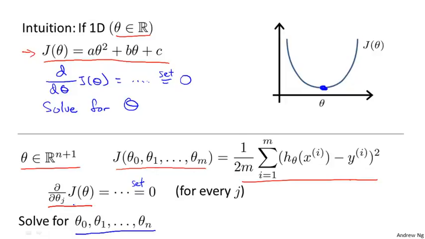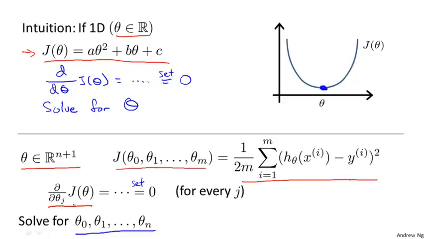Well, if you actually work through the calculus and work through the solution to the parameters theta 0 through theta n, the derivation ends up being somewhat involved. And what I'm going to do in this video is to not go through the derivation, which is kind of long and kind of involved. But what I want to do is just tell you what you need to know in order to implement this process so that you can solve for the values of the thetas that corresponds to where the partial derivative is equal to 0.